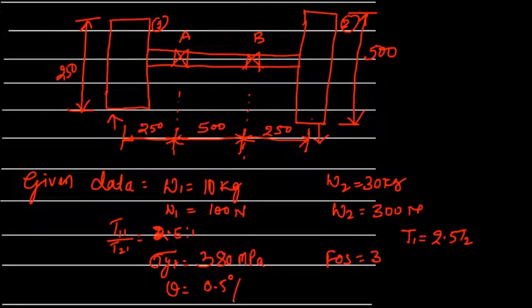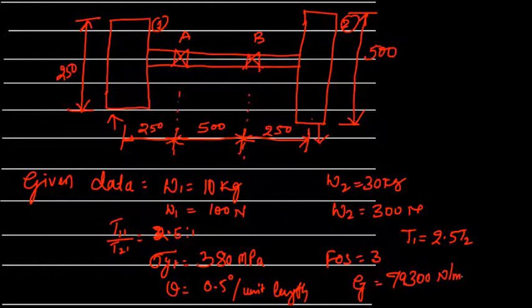The angle of twist is 0.5 degree per unit length, and G is 79,300. Now these are the given data. And power also they have given.